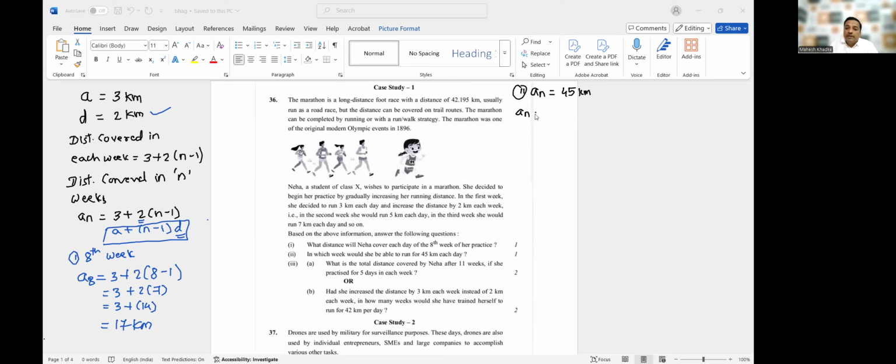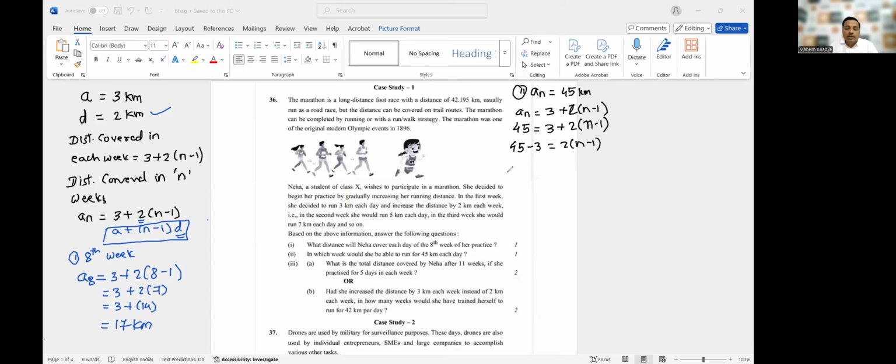Okay, so the formula is an is equal to, what formula did we make? 3 + 2(n - 1). So the value of n, this is 45, 3, this 2 as it is, n - 1. We have to find n, means the number of weeks. So 3 shifts to that side, it becomes minus. 45 minus 3 is equal to 2(n - 1). 45 minus 3.